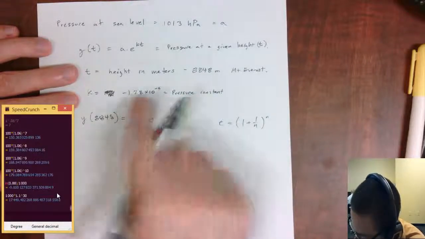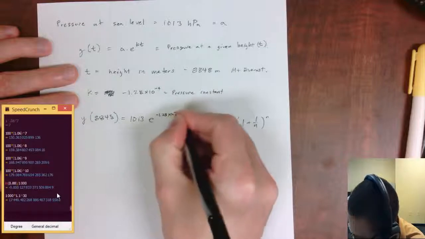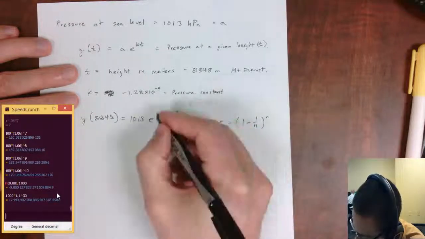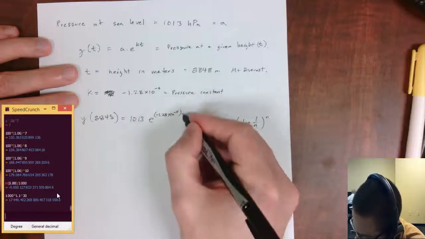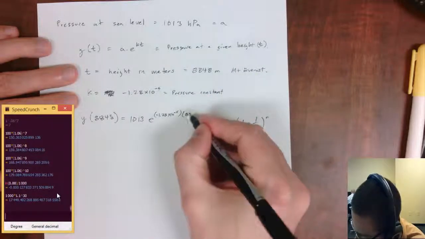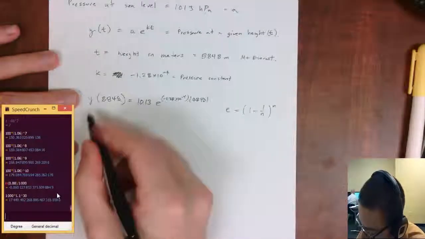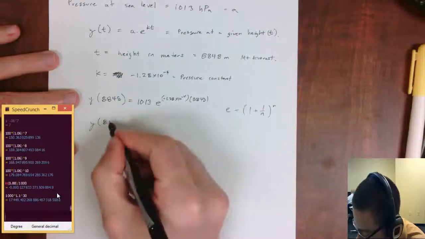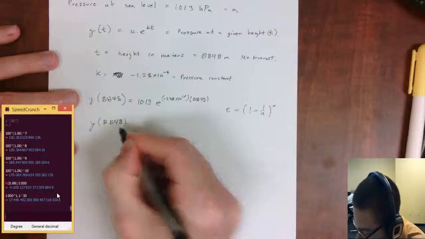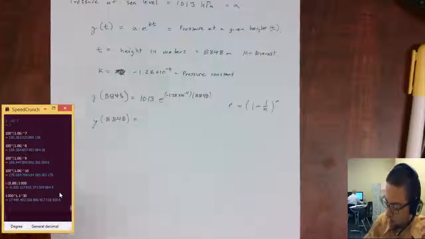Okay, so this will be to the negative 1.28 times 10 to the negative 4 is K, and then times t, which was 8,848. All right. So I can find my y value at that point, and I can just plug this all into the calculator actually.